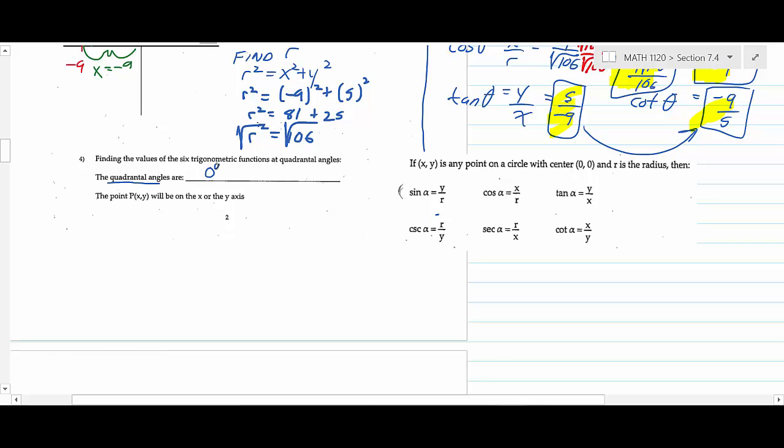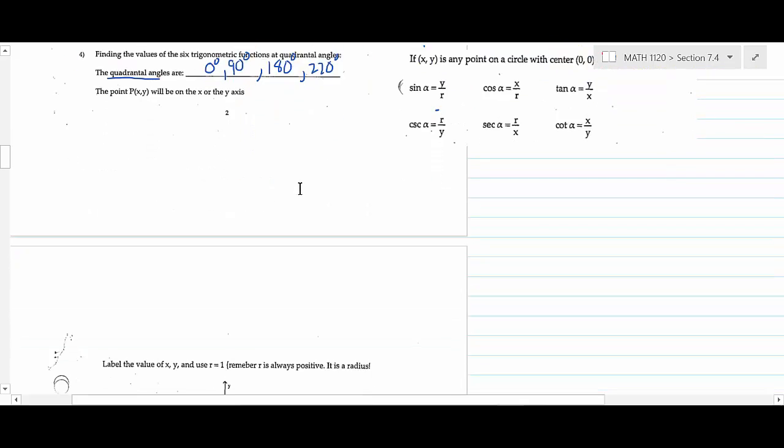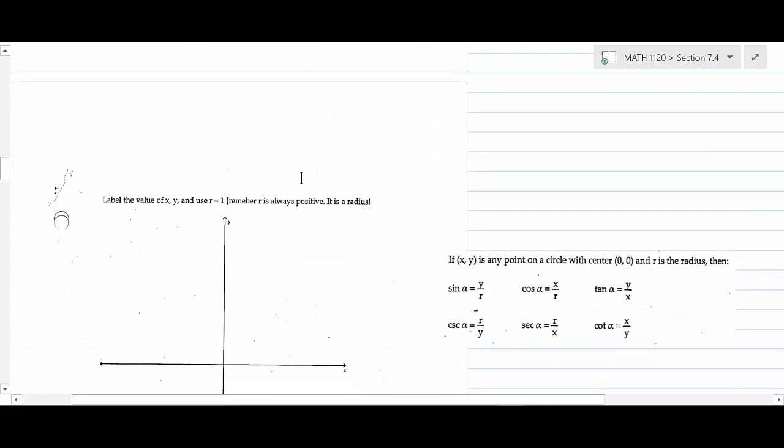You could have 0 degrees, 90 degrees, 180 degrees, 270, and of course the angles go on forever. It's just that you're on an axis, so your point terminates on an axis. Your goal is to be able to figure out, pretty much in your head, what the 6 trig functions are of any of these angles without touching your calculator. I'm going to get you started on that today and show you what this means.